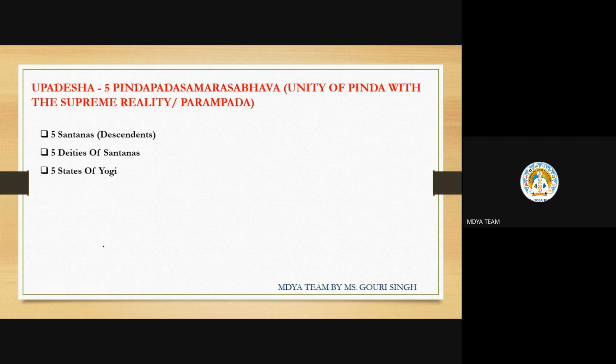And Ashtapasha, meaning eight pashas or bonds, are described in this Upadesa 5 at the end.